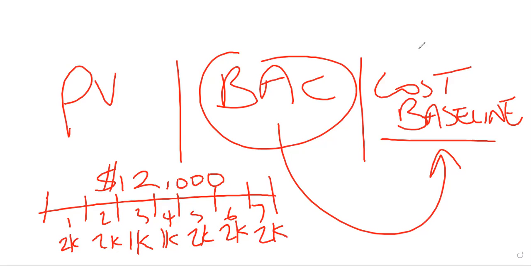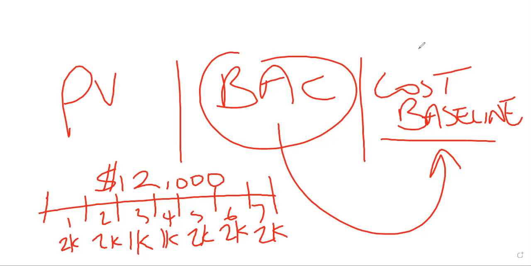You get what I'm saying? So that will be 5, 6, 7, 8, 9, 10, 11, 12. So it's the time-phased budget at completion, the budget for the project in total and also periodically.